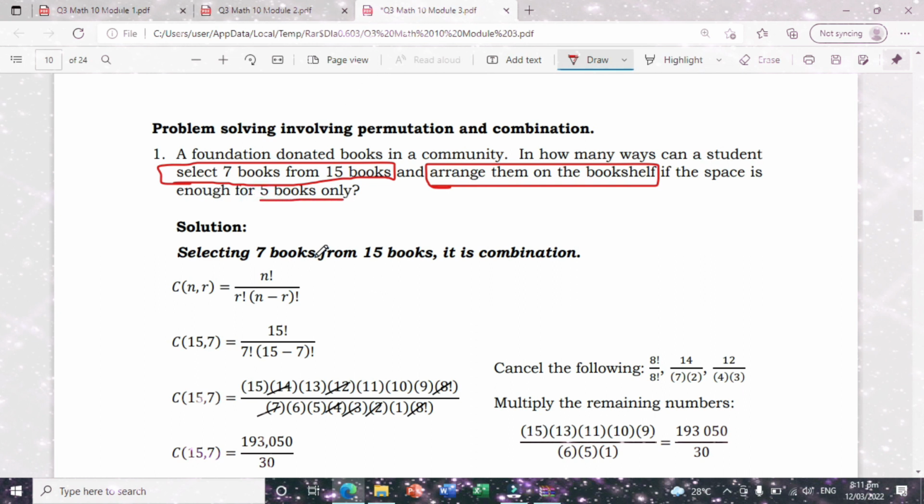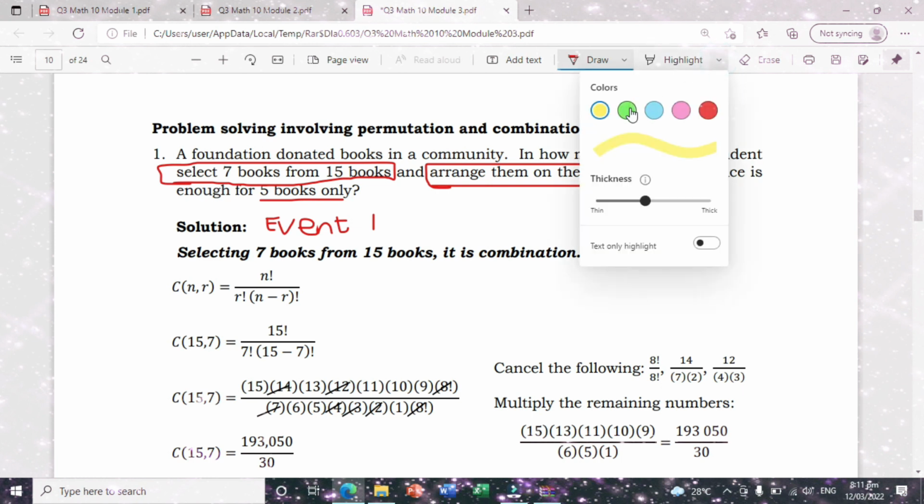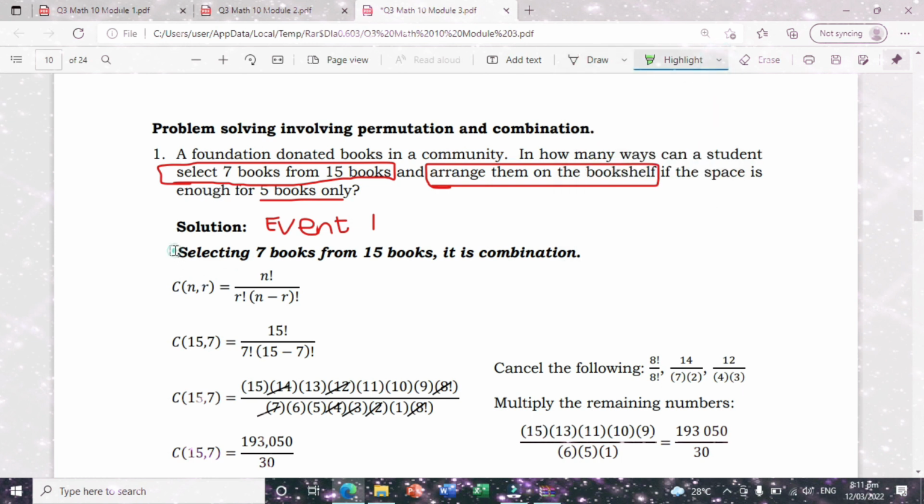So, solution number 1. Ito yung event number 1. Selecting 7 books from 15 books, it is combination. Take note, balikan natin, may keyword tayo kanina. That is select.